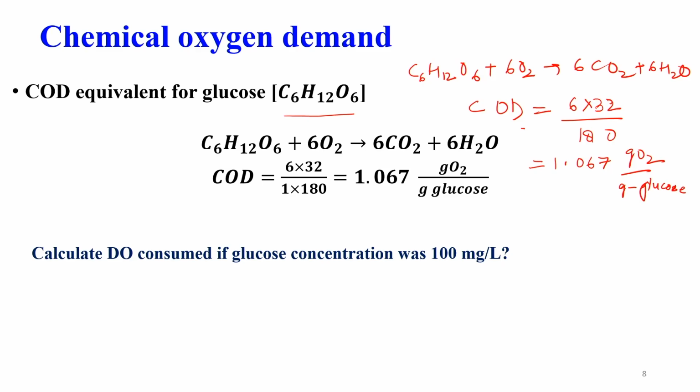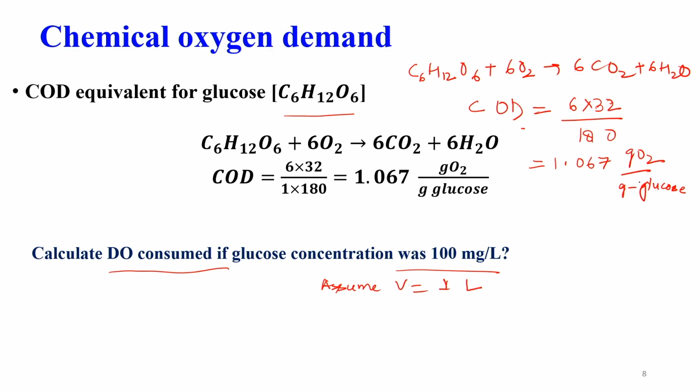Now, can you calculate the dissolved oxygen consumed if the glucose concentration was 100 milligram per liter? If we assume the total volume as 1 liter, what was the amount of glucose? 100 milligrams.